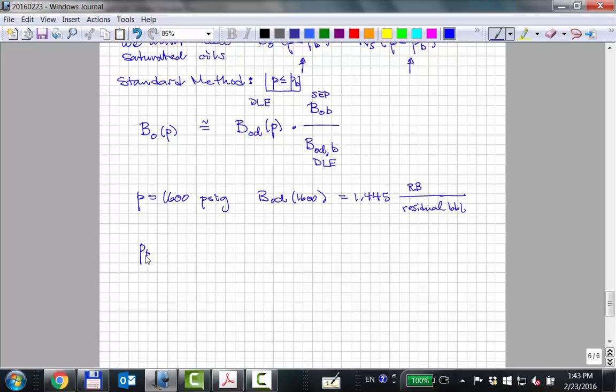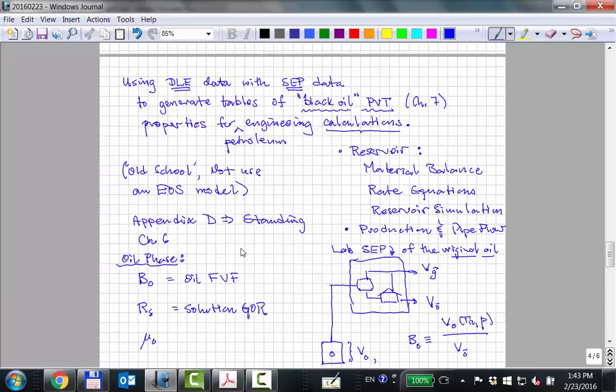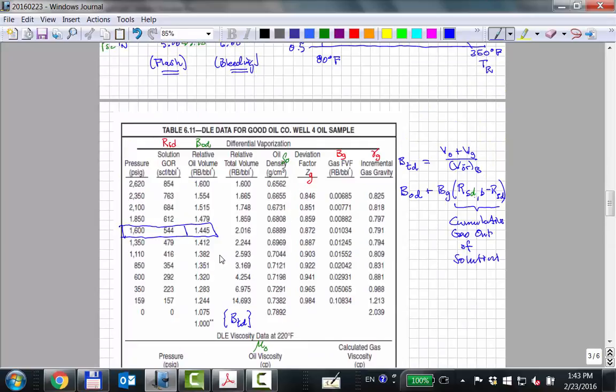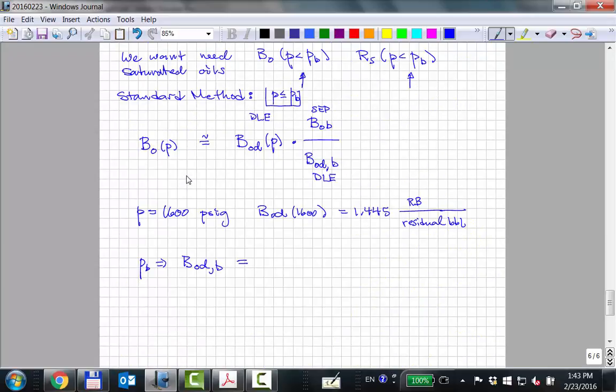At the bubble point, we have BOD at the bubble point, which is equal to what? At the bubble point, 1.6 reservoir barrels per residual barrel.